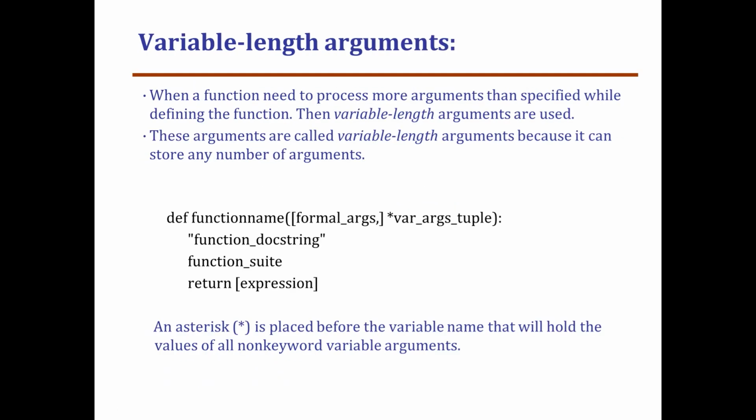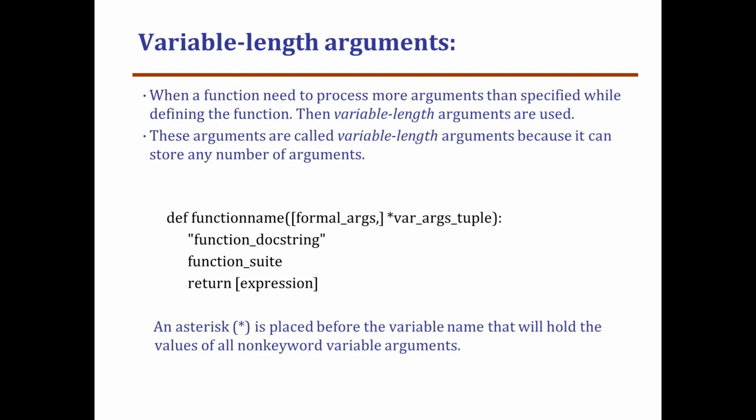And one more type, which is very important: whenever we call a function, sometimes we need to pass more values than the defined number of parameters. When a function needs to process more arguments than specified while defining the function, variable length arguments are used.